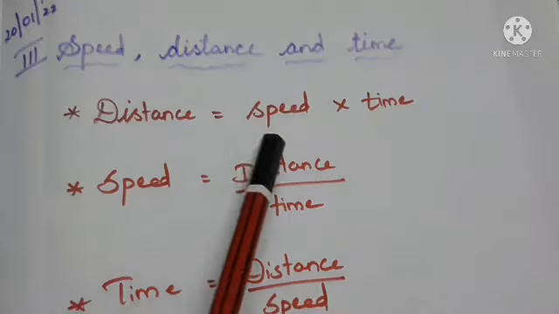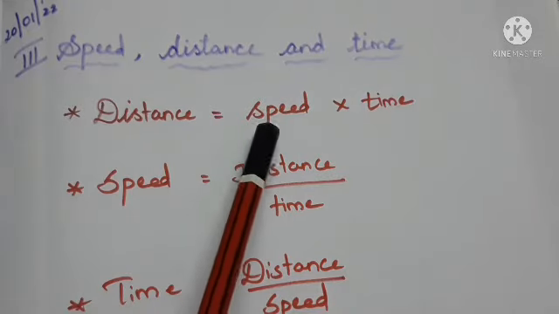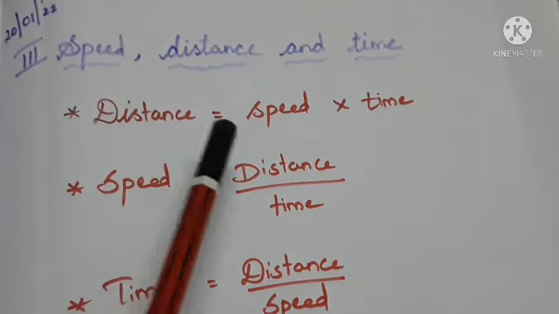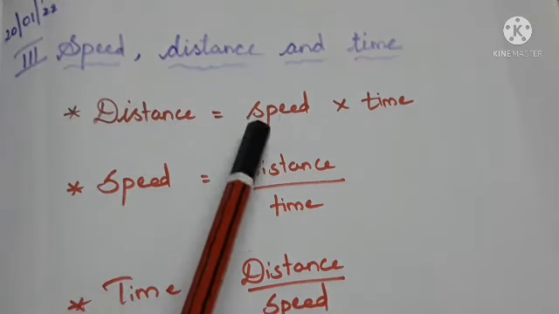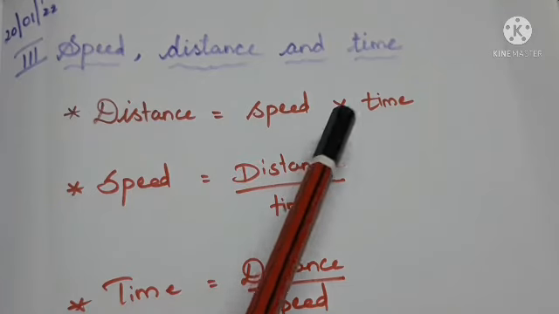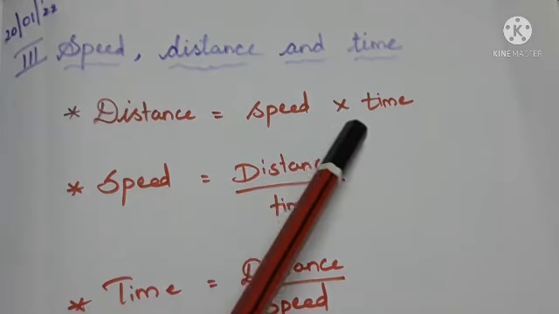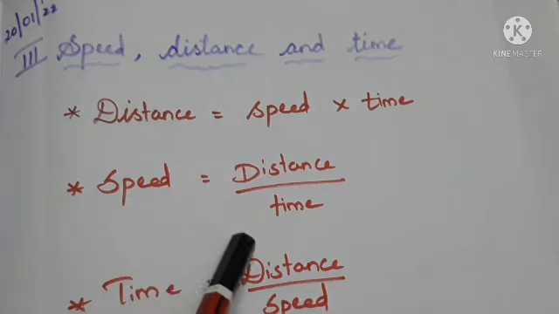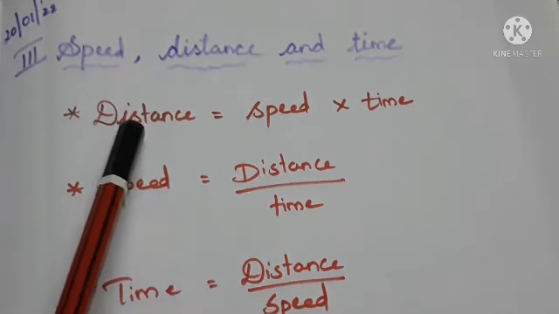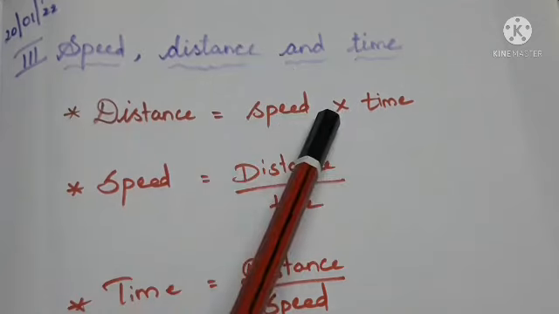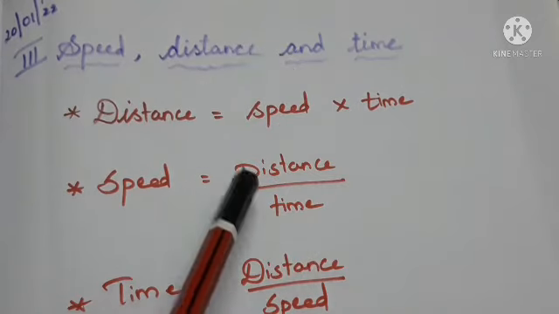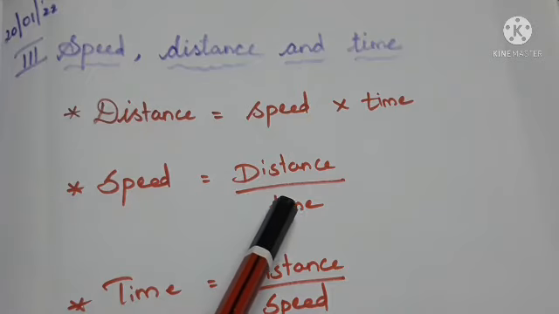If you want to calculate the speed, first we write speed, then equal to distance, and the multiplication symbol will be changed to divide, and time will come under the division. So speed is equal to distance by time. Can you follow this?